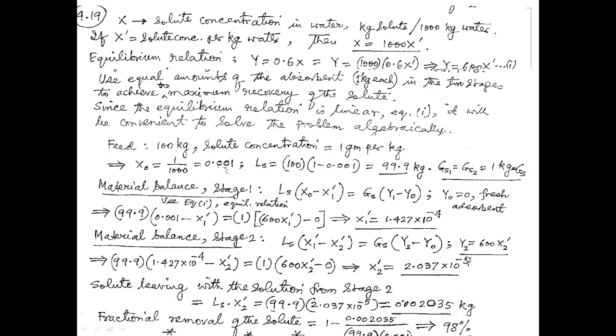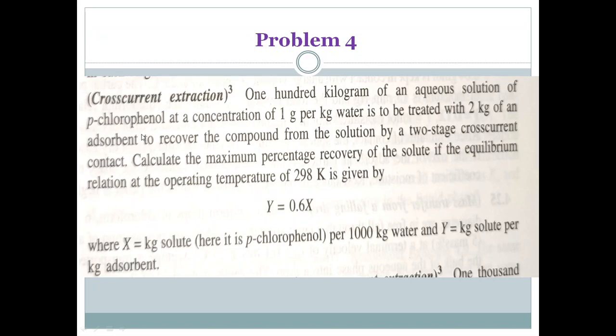So now you see, parachlorophenol is 1 gram per kg in 100 gram water, and I am using only 100 kg water. And I am using adsorbent only 2 kg, and then things are coming.